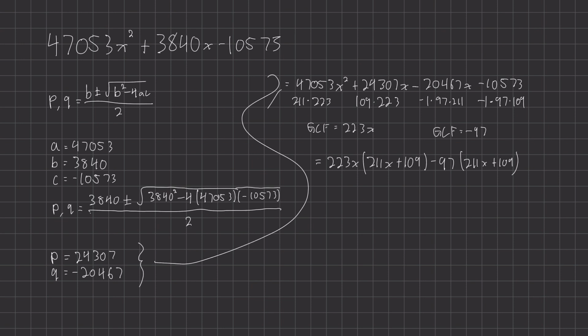Now we have two terms with the greatest common factor, 211x plus 109, so we can factor that out. 211x plus 109, which leaves us with 223x minus 97. And that would be your final answer for this problem.